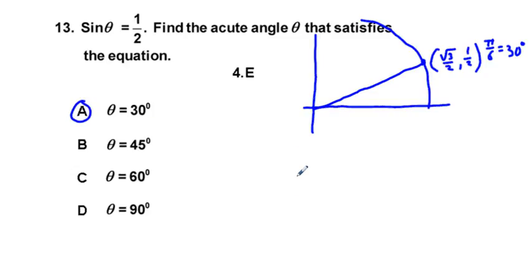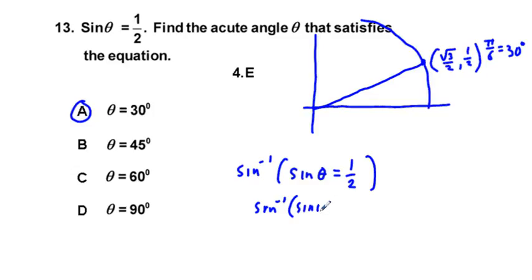But also, if you have an equation like sine theta equals 1/2, how do you isolate this theta by itself? Well, you can take the inverse sine of this whole equation, so you have inverse sine of sine theta equals inverse sine of 1/2.